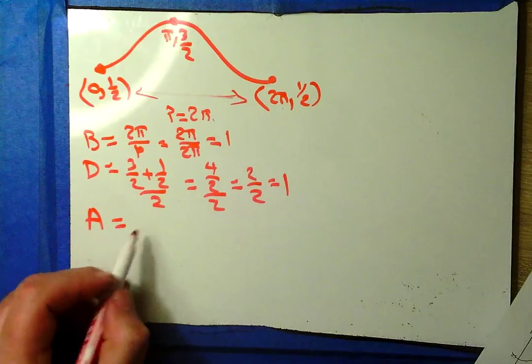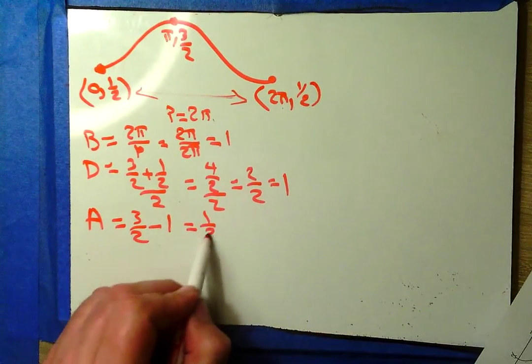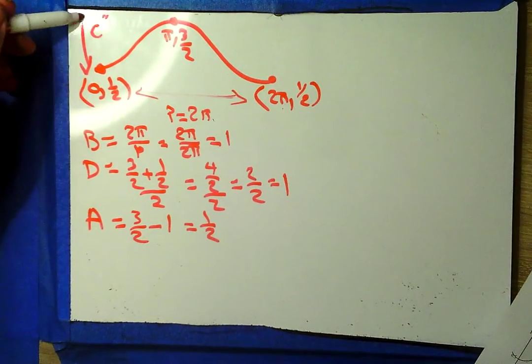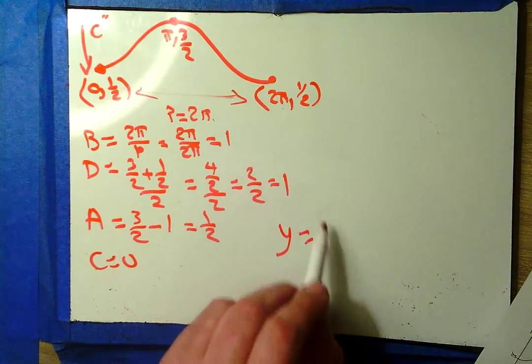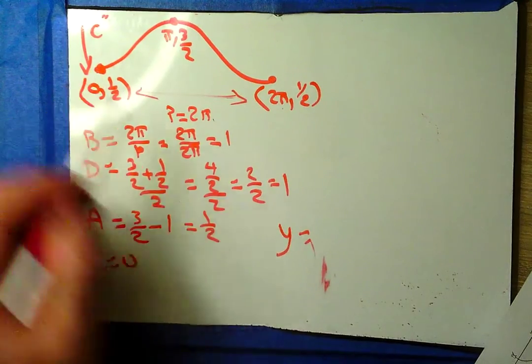Our d value, 3/2 plus 1/2 divided by 2, that's 4/2 divided by 2, or 2 divided by 2, for 1. Our a value is 3/2 minus 1, which is 1/2. And our c value is our starting x. So c equals 0. So I would have y equals 1/2. Oh, careful. This starts low.